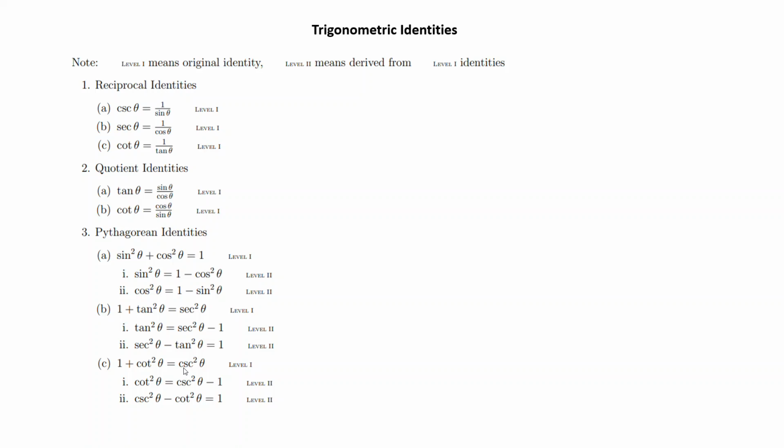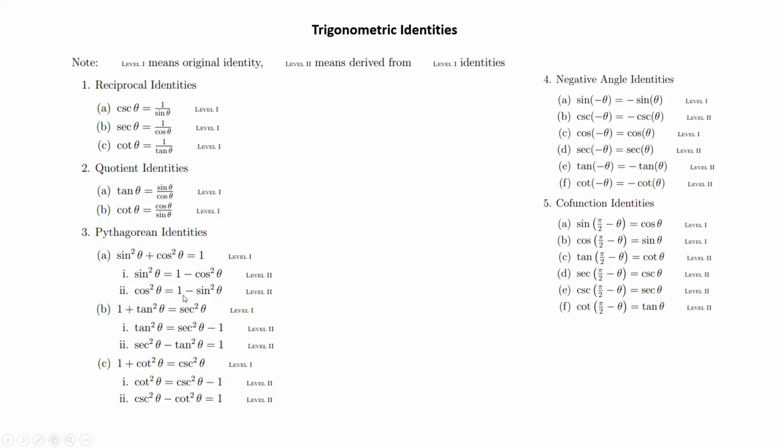Instead of tangent, you have cotangent, and instead of secant, you would have cosecant, right? 1 plus tangent square theta is secant square theta. 1 plus cotangent square theta is cosecant square theta. So sort of like the co-functions go together. Cotangent square goes with cosecant square. And then the derived identities from that.